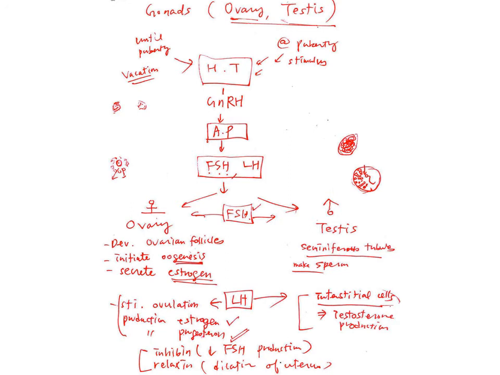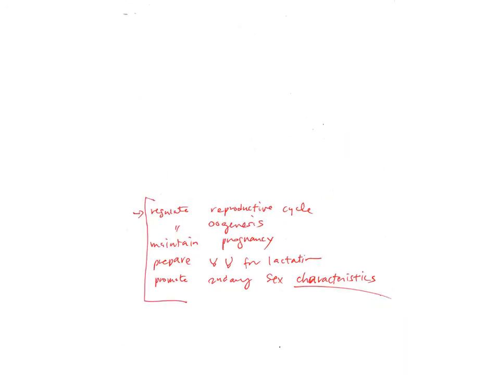And LH in the male, in the interstitial cells of the testis, makes testosterone. And FSH production also decreases due to inhibin secretion in both male and female, and relaxin in the female is for dilation of the uterus when the female needs to deliver a baby.